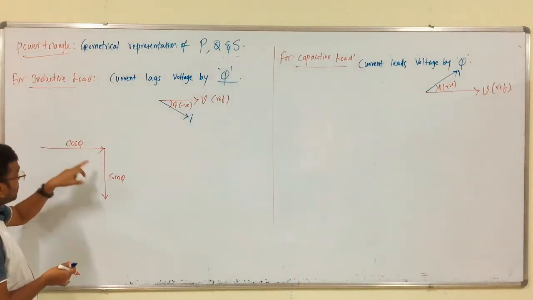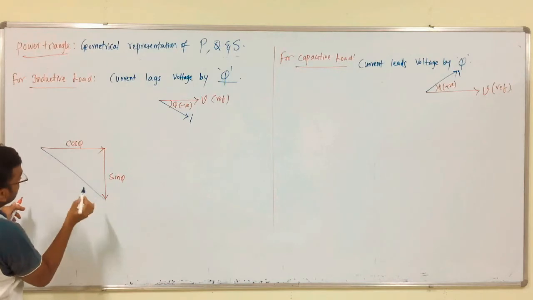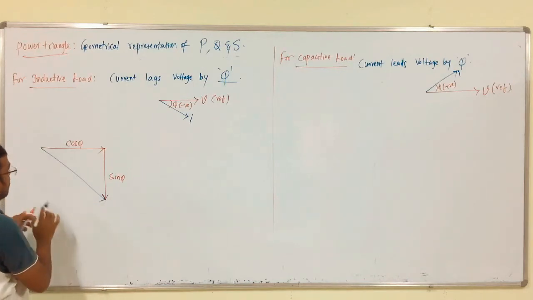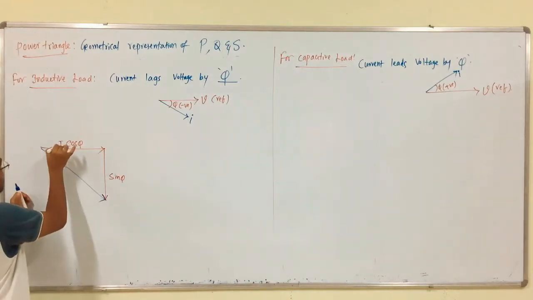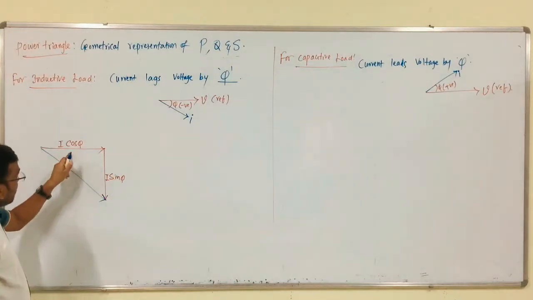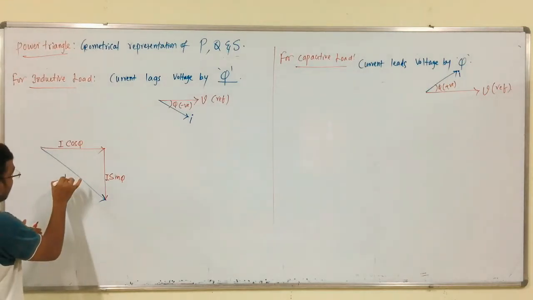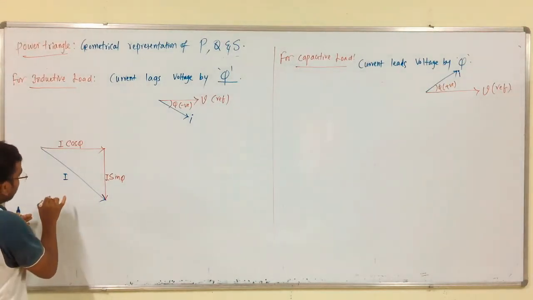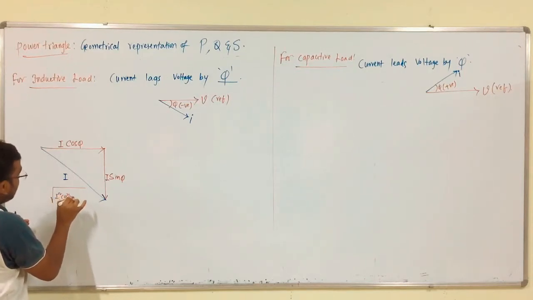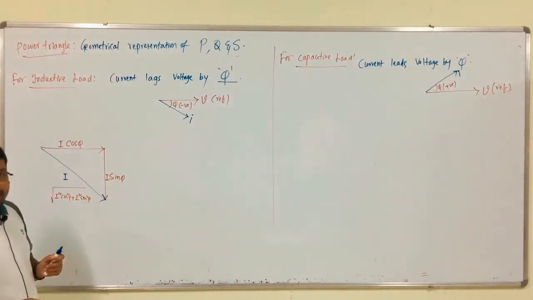What is the resultant of these two? For example, this is I cos phi, this is I sin phi. The resultant phasor is simply I, which is nothing but the square root of I square cos square phi plus I square sin square phi, right.